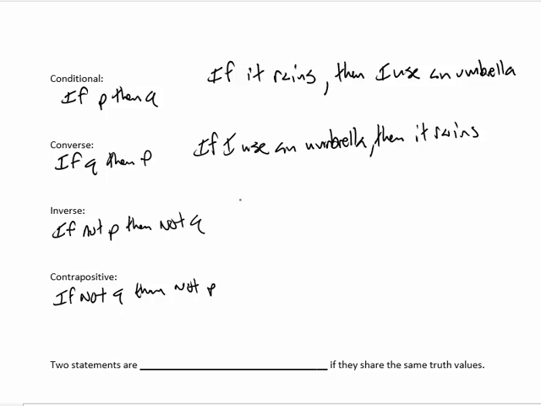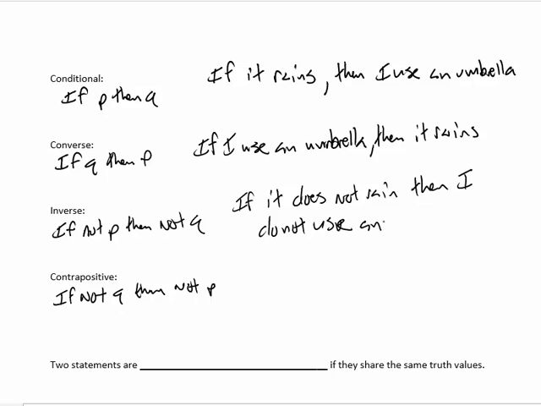Now, we're not saying that's true or not, we're just saying that's the converse of the original conditional. The inverse would be if it does not rain, then I do not use an umbrella. And again, we're not saying that's true or false, we're just saying that's what the form of the sentence is.